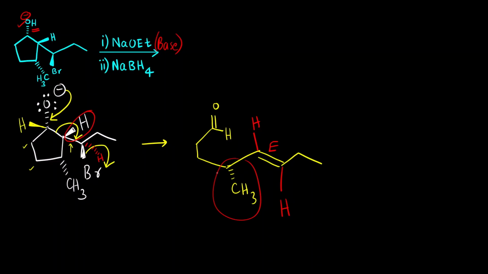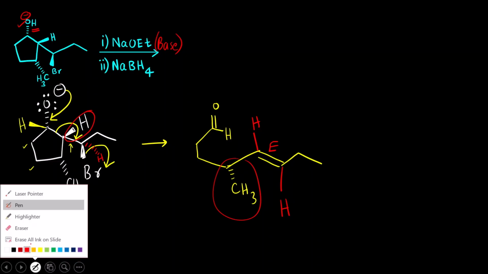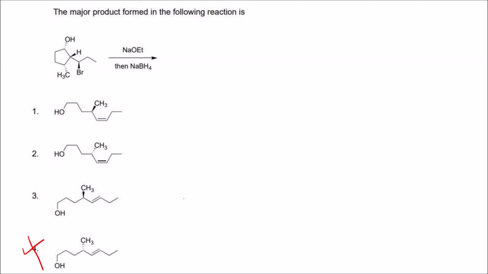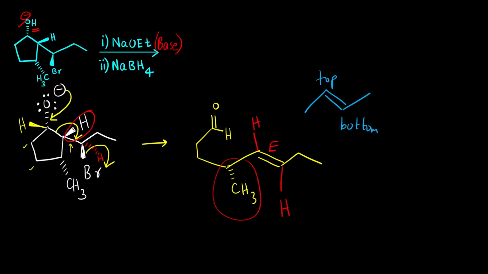Because here you have to see the position of the double bond. The position of the double bond is like this, that is top and then bottom. But in the product, the position of the double bond is like this, one carbon is below first and then top.